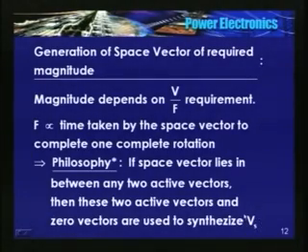I will repeat. If the space vector lies in between any 2 vectors at any given time, we need to use only these 2 vectors and the 0 vector, or the origin, to synthesize the space vector of required magnitude.